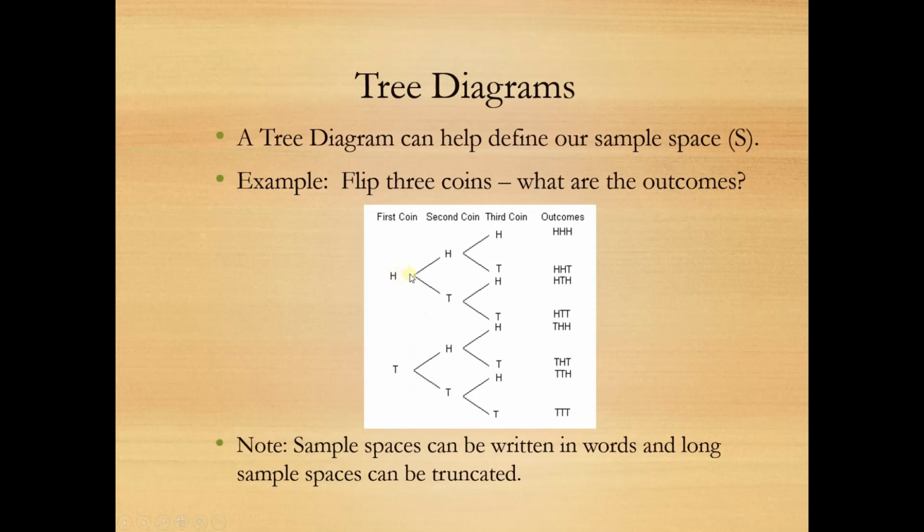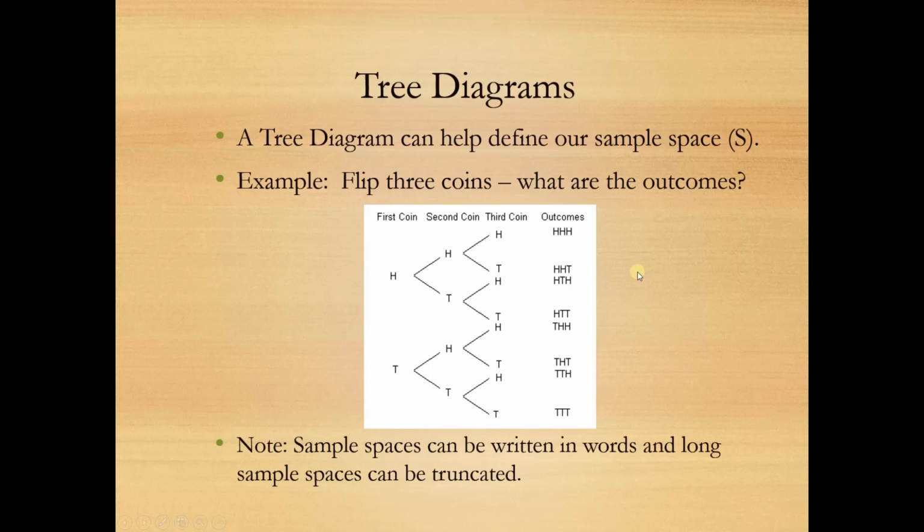When you flip the second coin, it could be a head or a tail. And let's just say you get a head on the second coin. If you flip a third coin, you can get a head or a tail off of it. So you've created this branch. Head, head, head, there it is. Head, head, tail, there it is. Head, tail, head, there it is, and so forth. And that's going to be 2, 4, 6, 7, 8 outcomes.